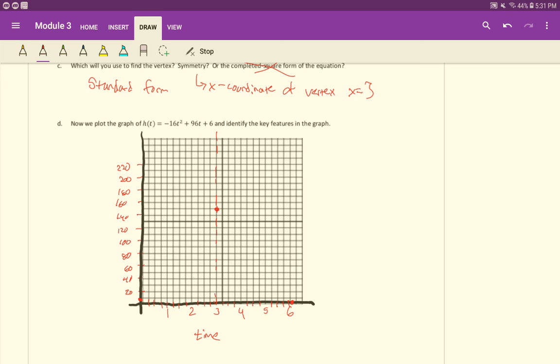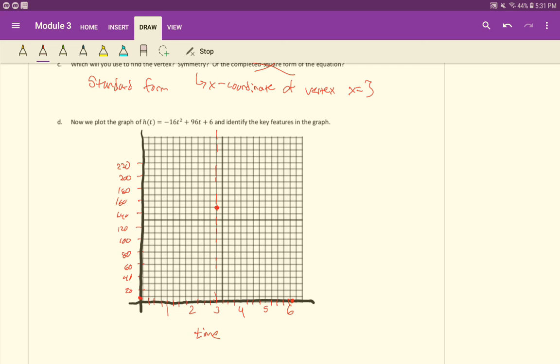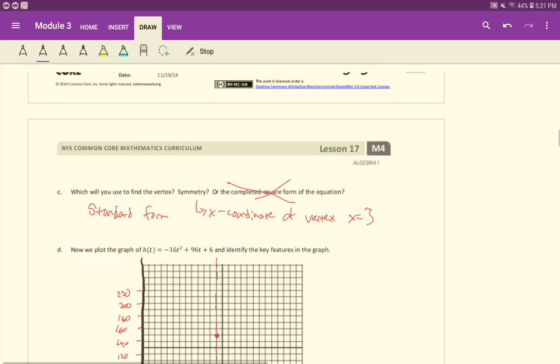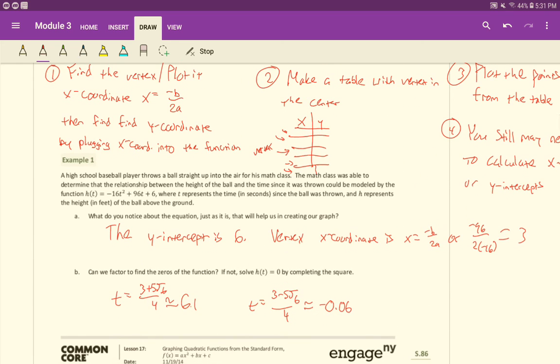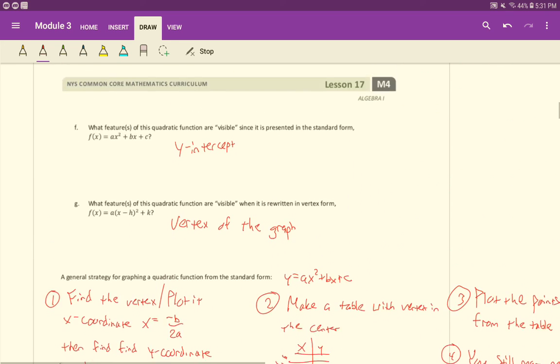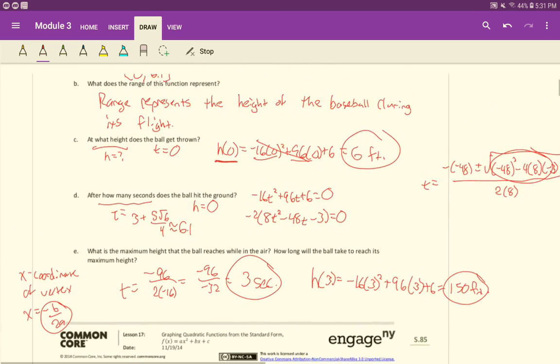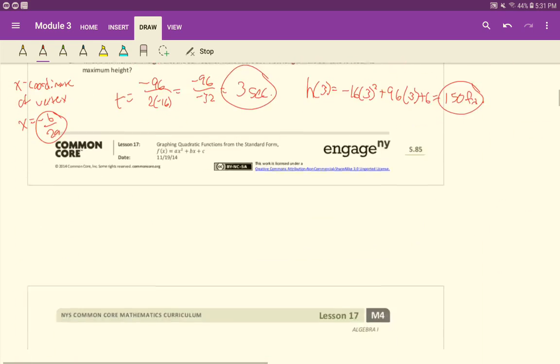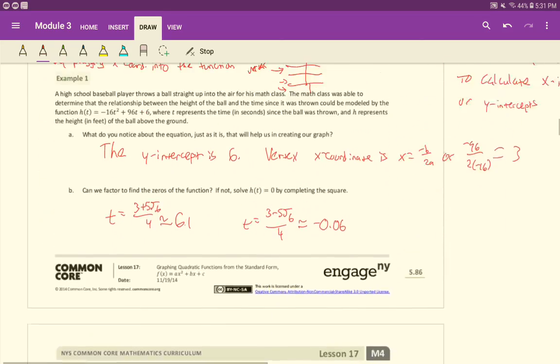Interesting. Okay, and let's see, do we have any other points? I don't think we do. So we can just plug in some. I can plug in 1, for example. Oh my goodness, I'm going all over the place here.